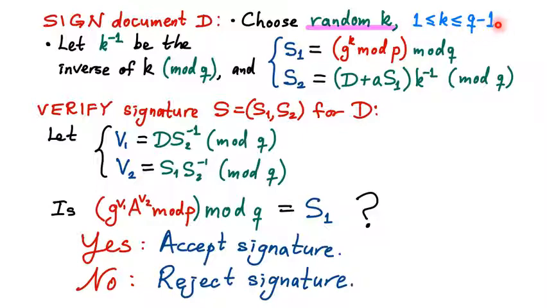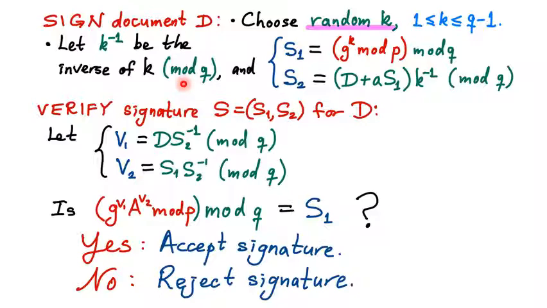So it is going to be used as an exponent of G. And well, here is where we reap one of the benefits of working in a group of prime order Q: since we are restricting K to not be divisible by Q and Q is prime, then automatically K has a multiplicative inverse modulo Q. I'm going to be consistently writing modulo P in red and modulo Q in green, as you can see.